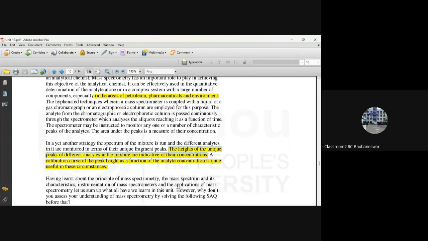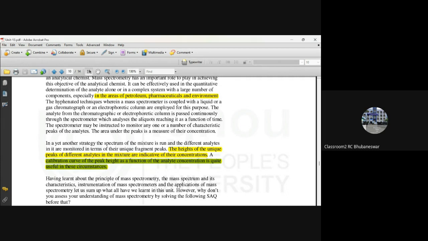So a calibration curve of the peak height as a function of the analyte concentration is quite useful in this kind of circumstance. How to use this calibration curve, that again and again we have observed in our other spectroscopic methods.